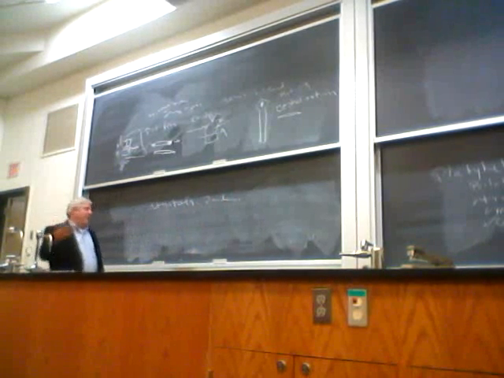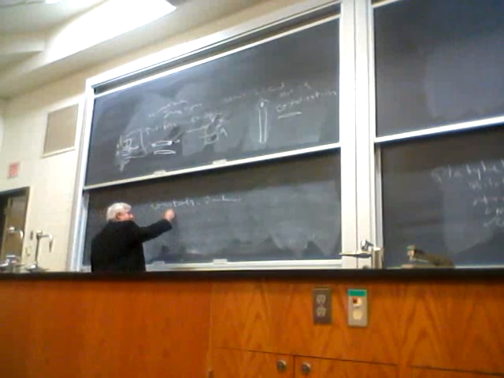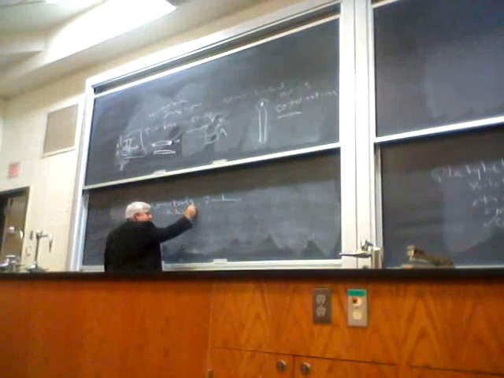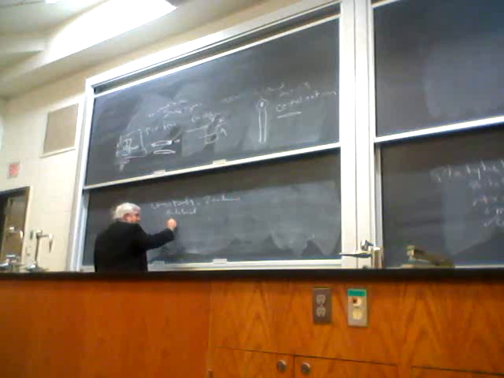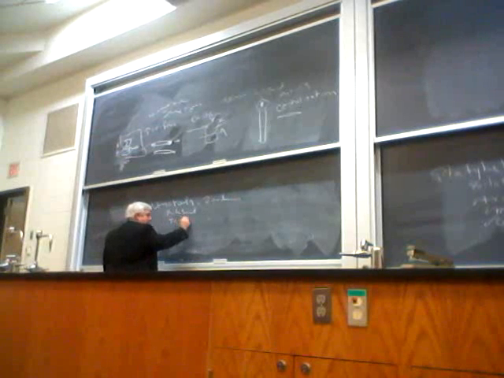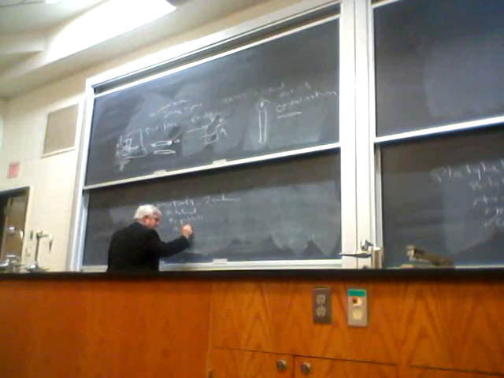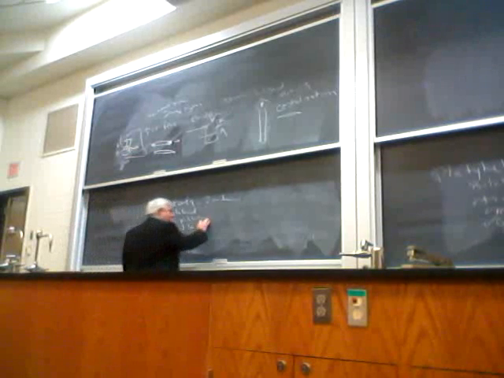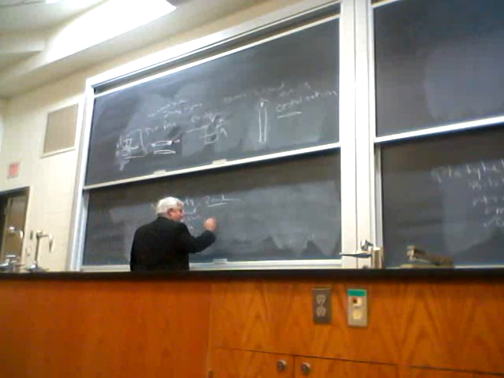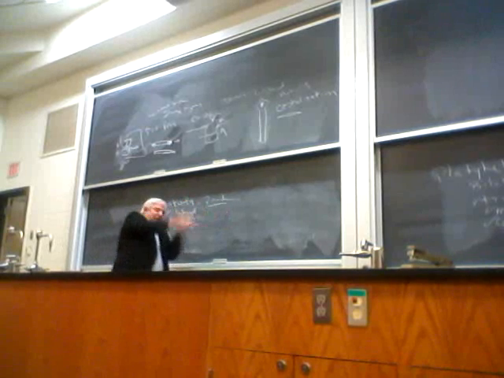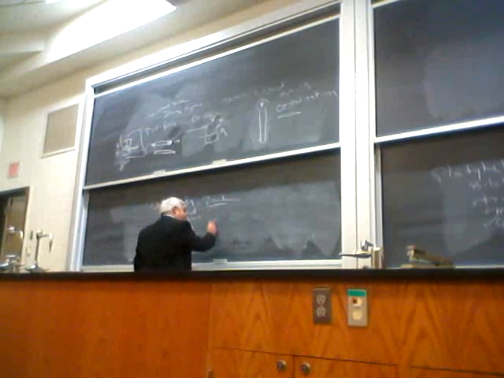And I'll go through their features: they're bilateral, they're triploblastic, they're motile. They are more circular, hence the name roundworm, whereas the flatworms are flattened dorsoventrally. These are more circular in cross-section.